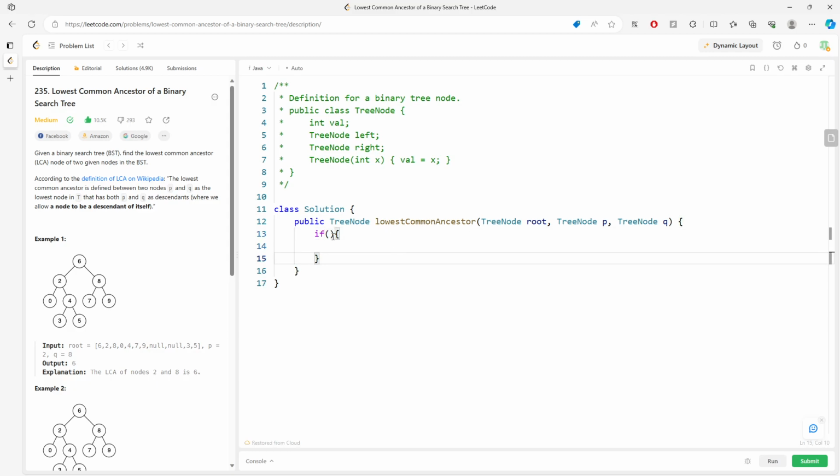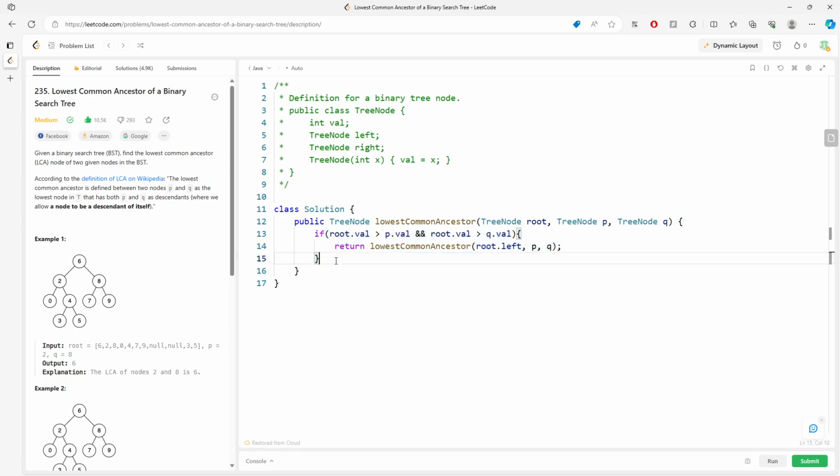If root dot value is greater than P dot value, and also root dot value is greater than Q dot value, then P and Q are both less than the root, so we move to the left and return the function on root dot left, and P and Q do not change. So this is one scenario.